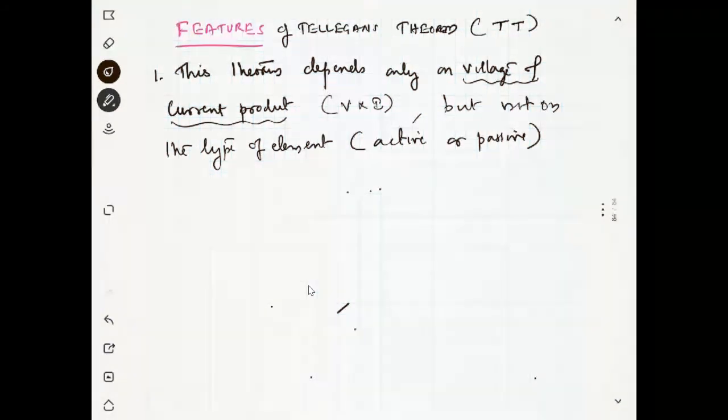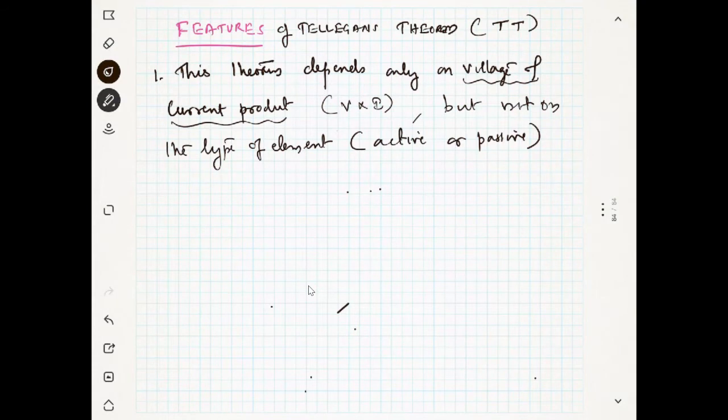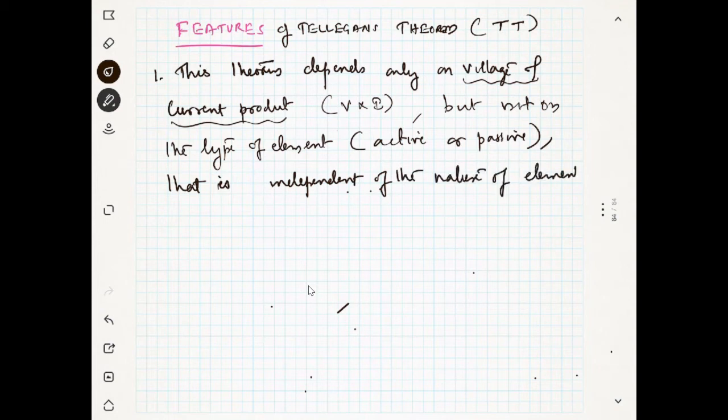So you can use it there also, there is no issue. It is independent of the nature of the element. It does not depend upon which type of element. You can apply it anywhere.